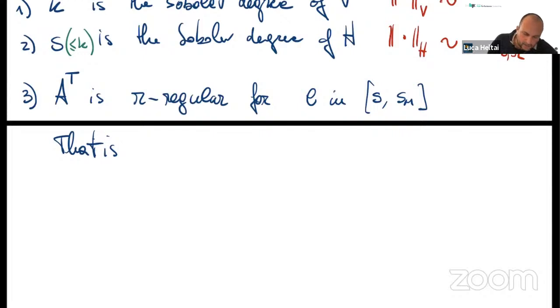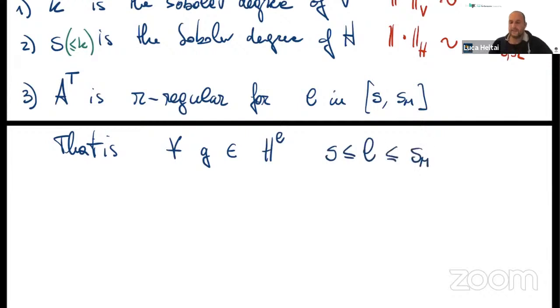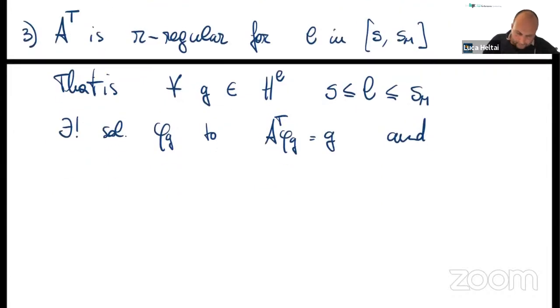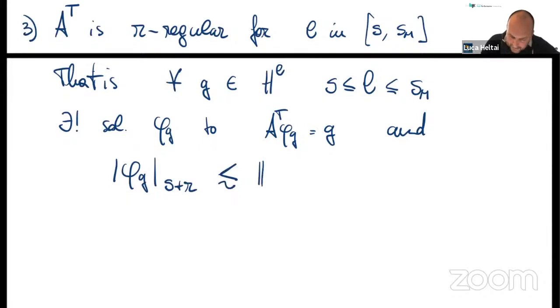That is, for every function G in HL, with L included between little s and capital M, there exists a unique solution phi G to A transpose phi G equal G, and the semi-norm of phi G, when measured in S plus R, is comparable with respect to the norm of G in the space from the way that I wrote this.